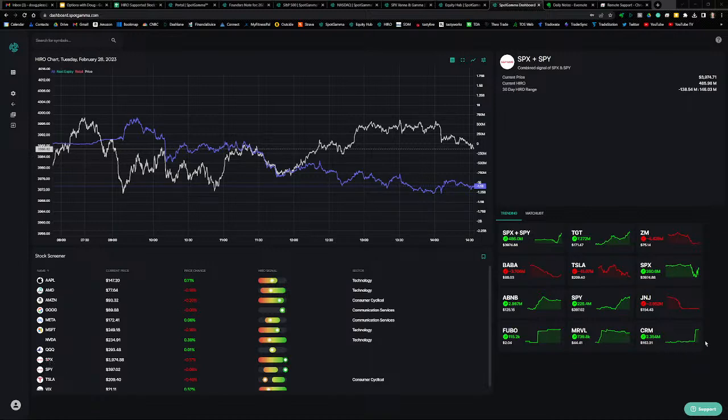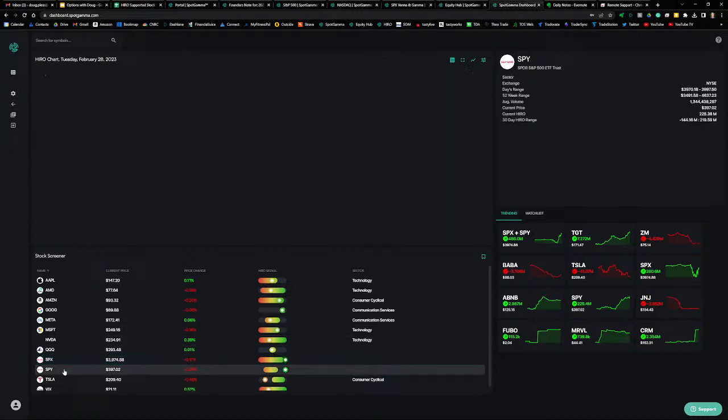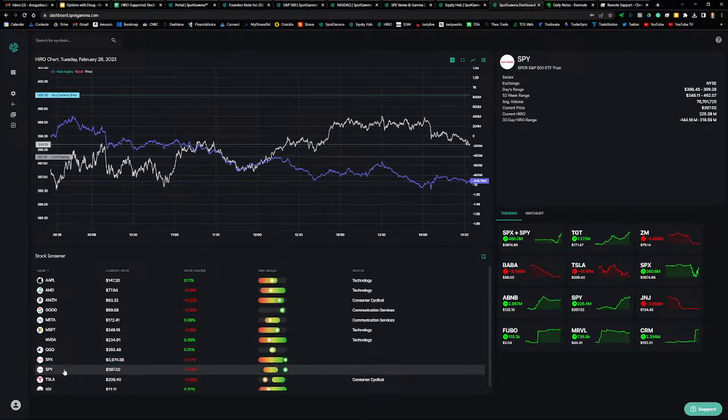Now let's take a look at SPX. So just SPX alone, a little bit more choppy, but it is trending down, and the notional value is negative. And SPY is a little bit more clearly negative.